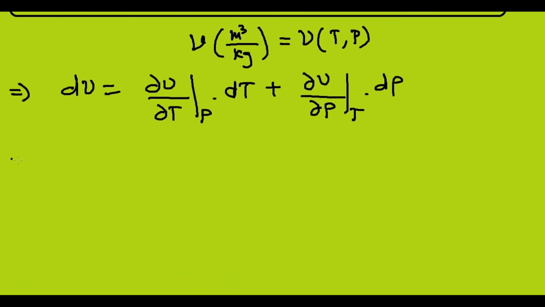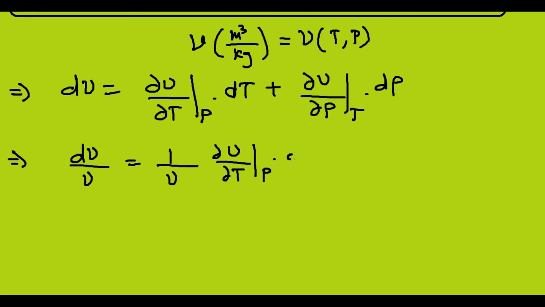Now I will divide this entire term by the specific volume, so dV by V is equal to 1 by V del V del T at constant pressure times dT plus 1 by V del V del P at constant temperature times dP. So this is what I have.